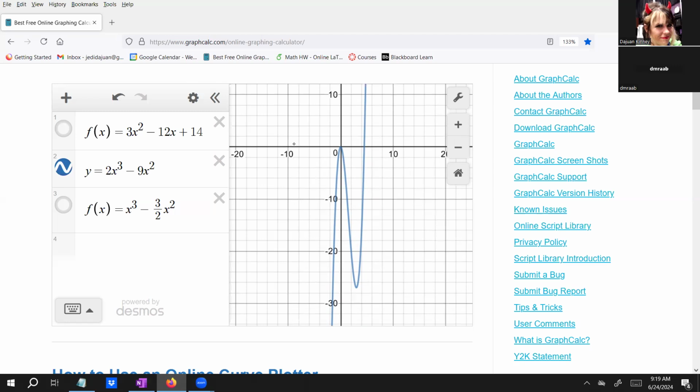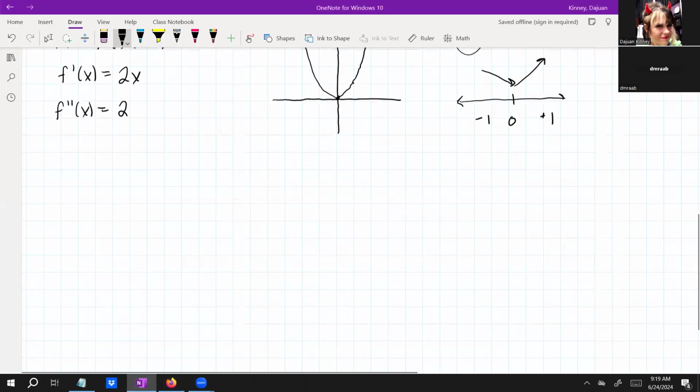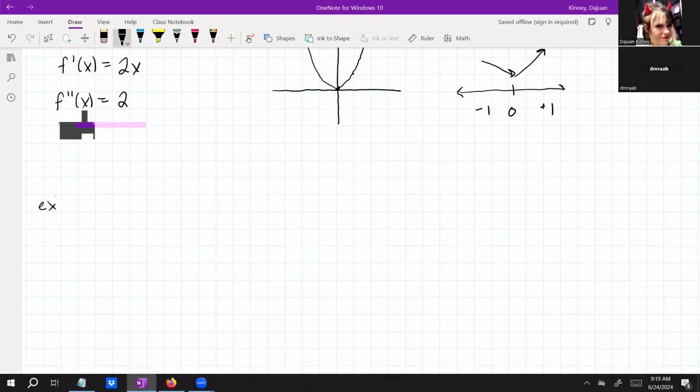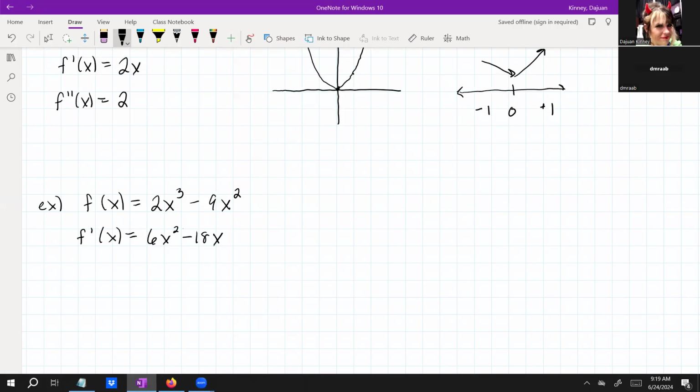So we did this one before, but let's look at it again. It's 2x cubed minus 9x squared. Okay, I'm going to find both derivatives at the same time since I know I'm going to need them. Might as well get that out of the way. And second derivative equals 12x minus 18.